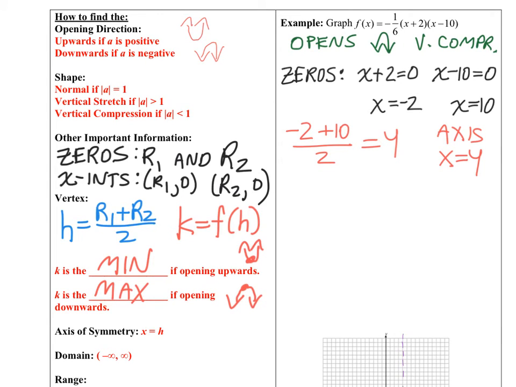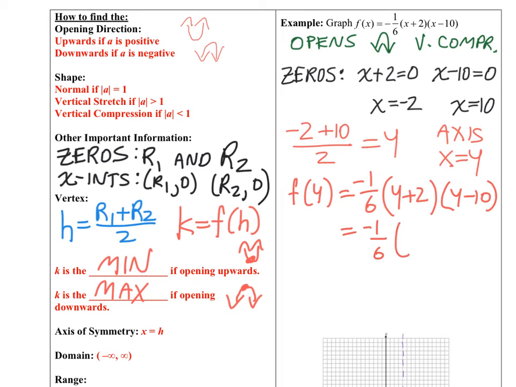Now, how high or how low should the vertex be? In order to do that, we need to substitute x equals 4, the value for our axis of symmetry, into the function. So I substitute the 4 for both of the x's. And then, following order of operations, I simplify inside the parentheses first.